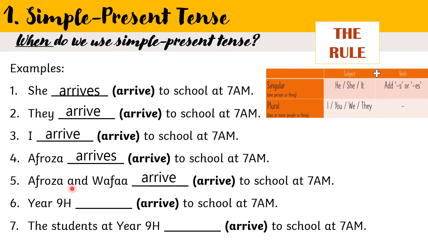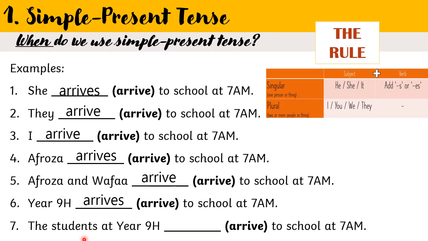Even though there are many students in one class, since it refers to year 9H as a whole class, it becomes one. So if it's only one, you add s. Year 9H arrives to school at 7 a.m. But if the subject is students, then you don't add s, okay? But since this is one class, you add s.